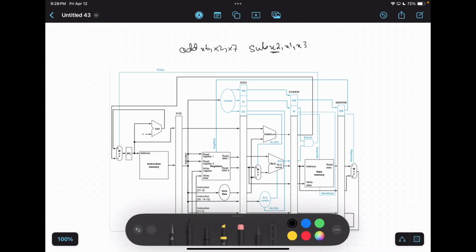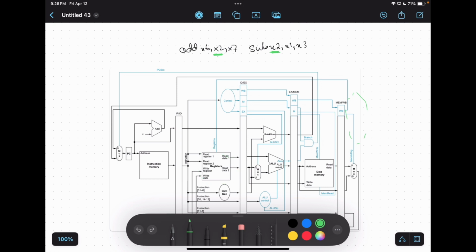So here you can see the data dependency on x2, which is supposed to be written in this instruction, and it is being used in the next instruction. But by the time x2 is written in this write back phase, this instruction might have already fetched the value of x2 from the register, so it will be fetching the incorrect value.